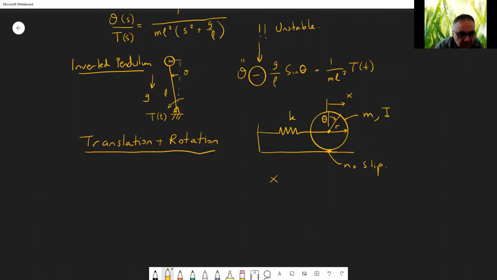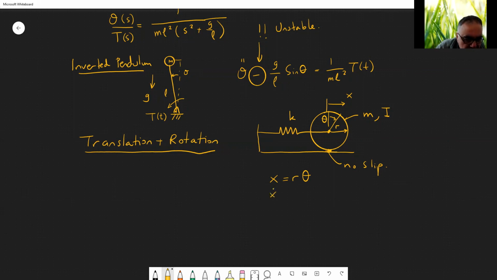No slip means x equals r theta. X and theta are related to each other. That is, x and theta are dependent on each other.